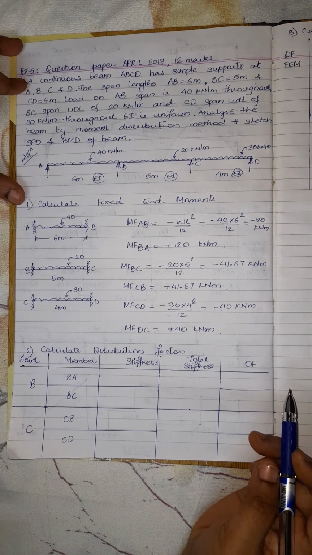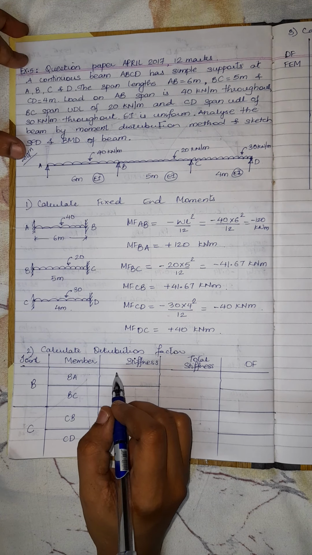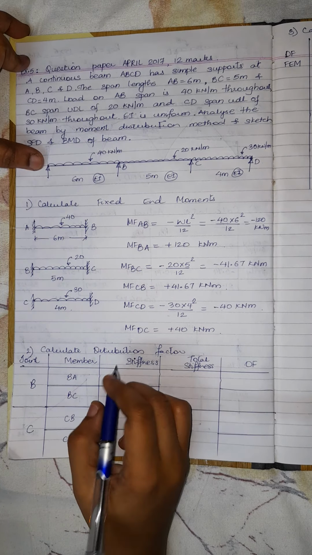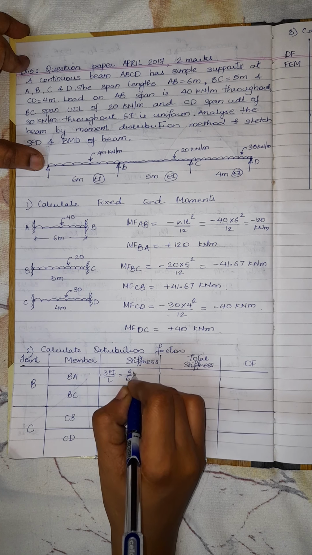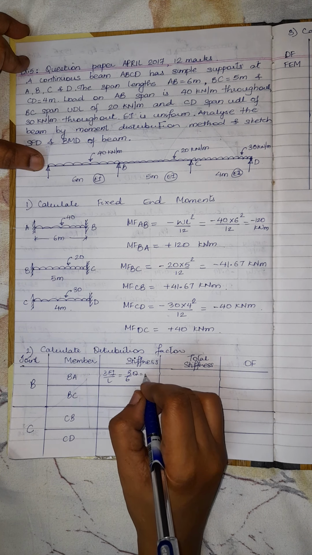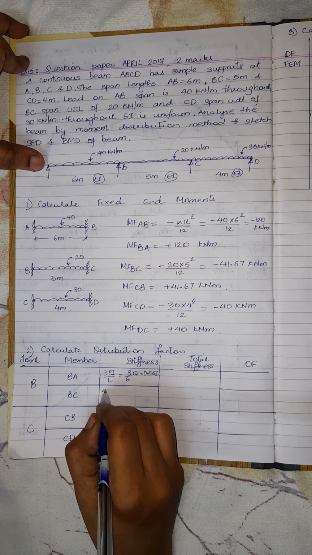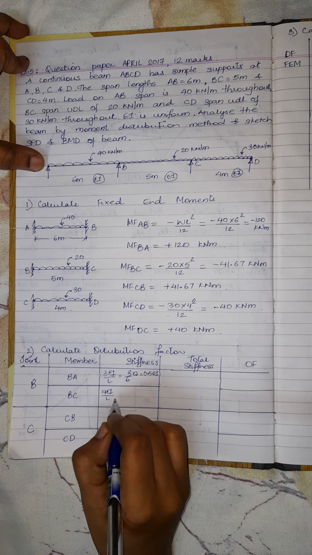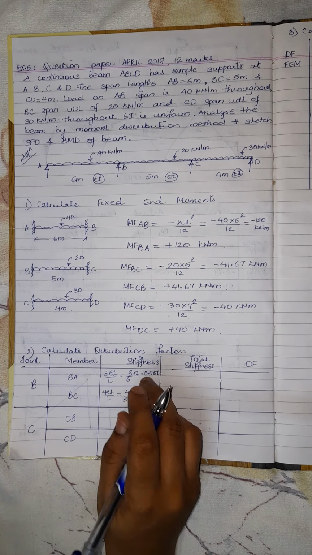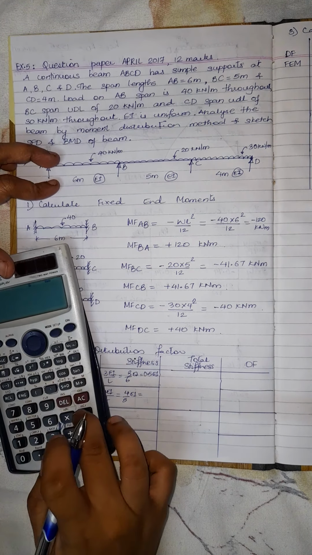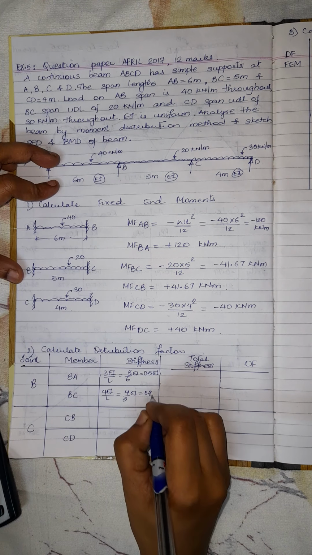So the next step is calculating distribution factor. Distribution factor is also easy. Let us start writing BA. A is simple support, so 3 EI by L. So this is 3 by 6 EI, which is equal to 0.5 times EI. Okay, BC is 4 EI by L because C is continuous over support. So 4 divided by 5 EI, which is equal to 0.8 EI.